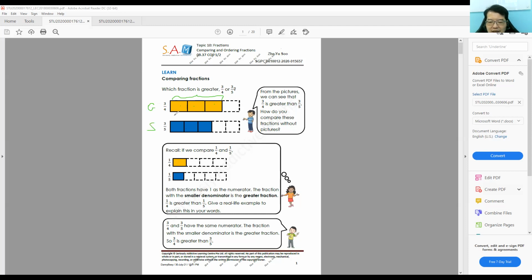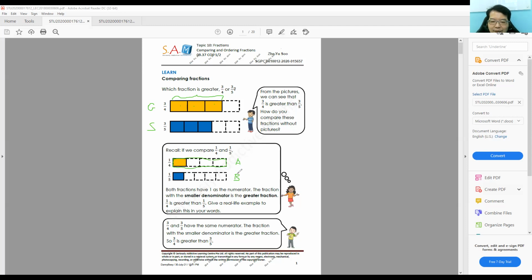Now, why is that the case? Let's take another example. Let's say I have one chocolate bar. Can you imagine this as a chocolate bar, one whole piece? Now, let's say we have 2 chocolate bars of the same size, chocolate bar A and chocolate bar B. Chocolate bar A, I cut into 4 equal parts, and then I give one of the 4 to you.